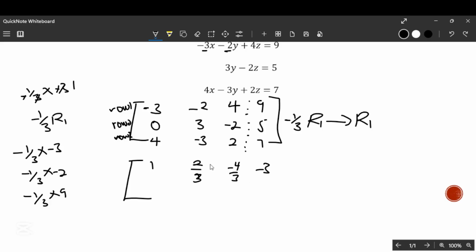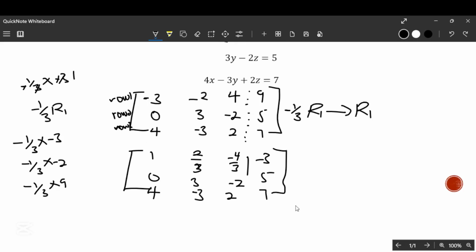So we are done for the first operation at row 1. So we maintain all the elements of row 2 and row 3. So we have 0, 3, -2, -2, 5, 4, -3, 2, 7.